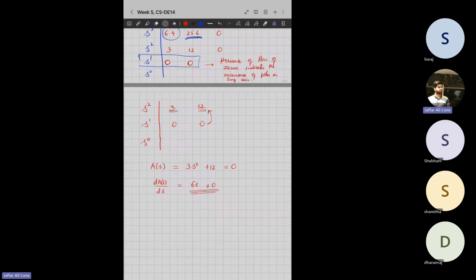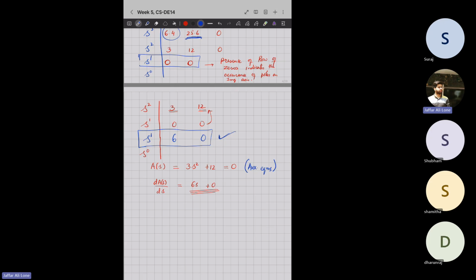So now I will populate my row of zeros: S1 will be 6 and 0. So I got rid of this row of zeros. How? I made an auxiliary equation from the row just preceding the row of zeros, and then I differentiated that auxiliary equation. The coefficients of the differentiated auxiliary equation give me the coefficients for the new row replacing the row of zeros.